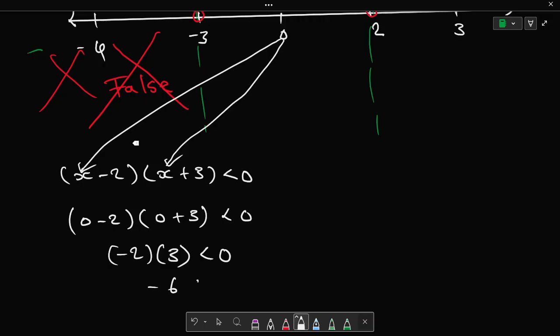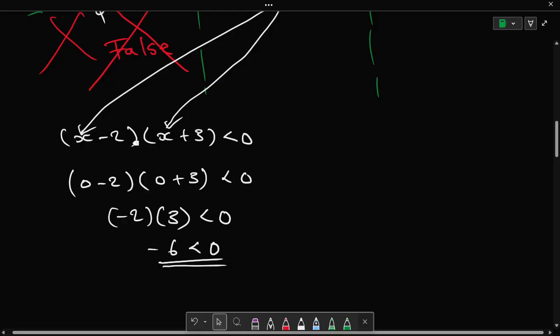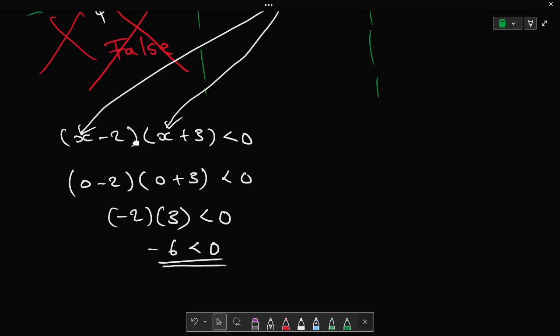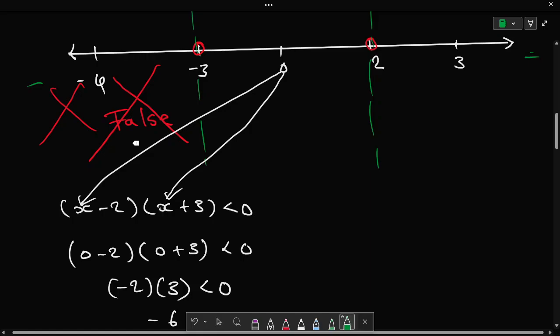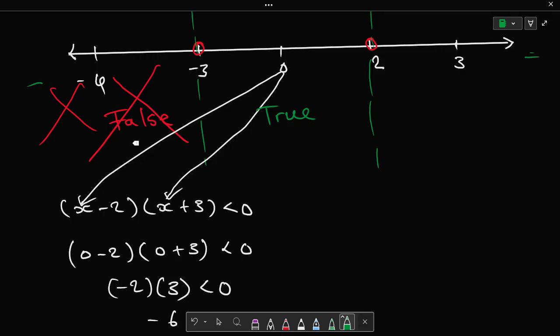This will give you -6. Is this statement true or false? We find that -6 is less than 0. Yes, it's true. So this statement is true, meaning that your solution can be found in this region here.